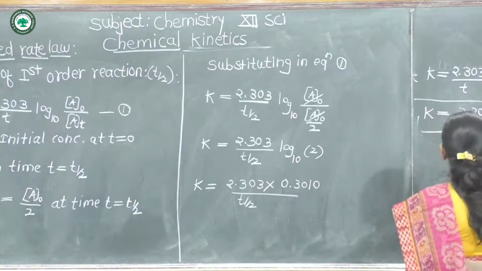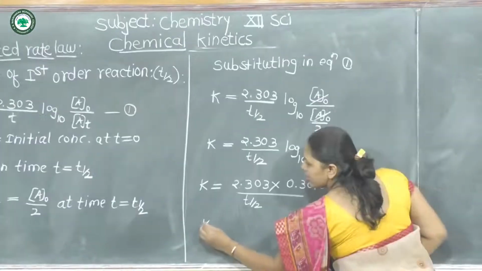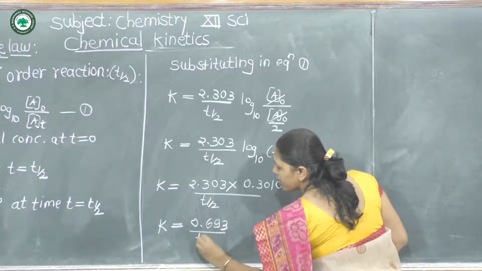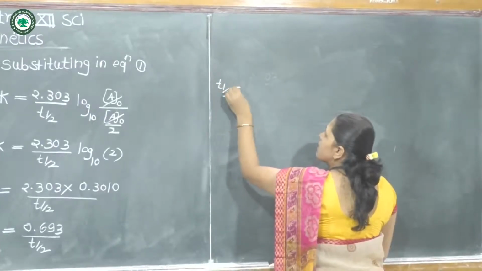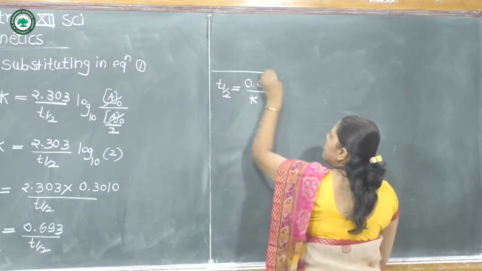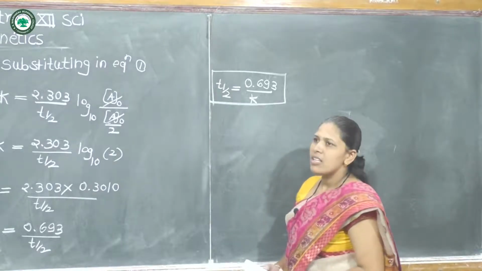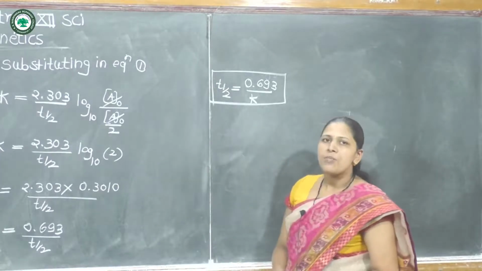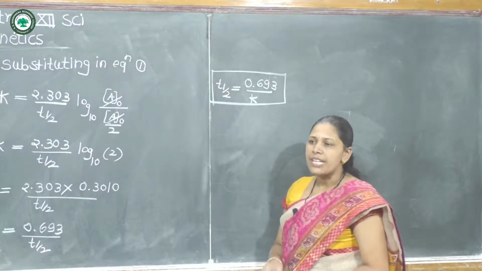By solving this multiplication, we get k is equal to 0.693 divided by t half, and t half is equal to 0.693 divided by k. This is the equation for half-life of first order reaction. This equation indicates that the half-life of first order reaction is independent of the concentration of reactant.